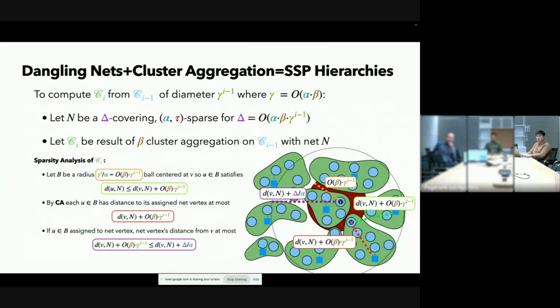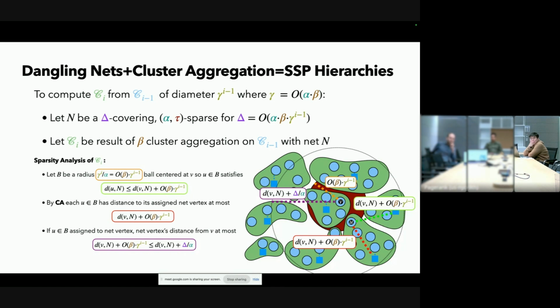Any net vertex whose cluster chews into this ball, namely that has any vertex in this ball aggregated to its cluster, must be within this radius of the distance of V to its nearest net vertex plus another delta divided by alpha.